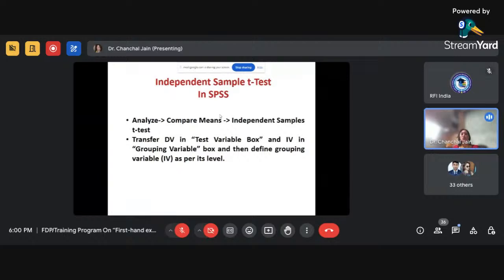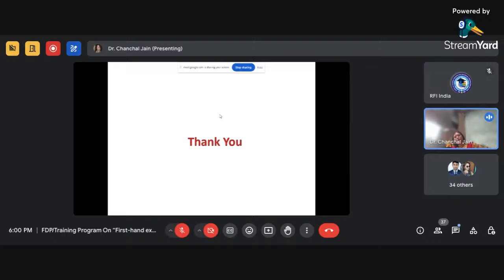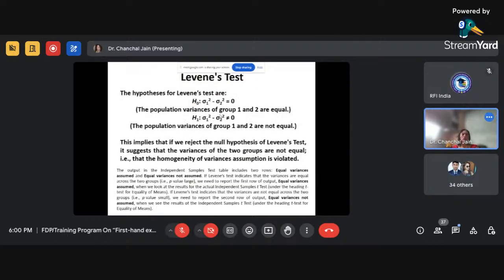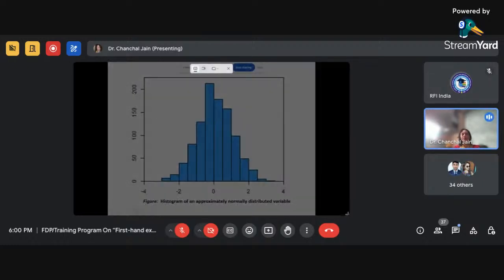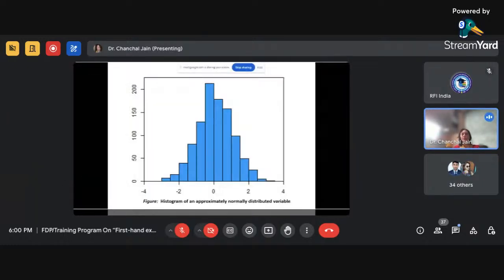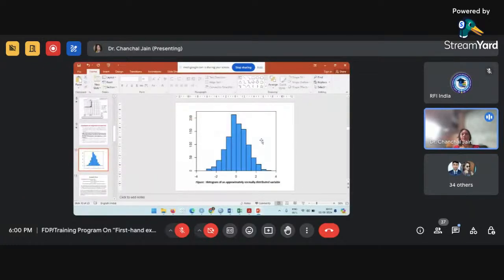Further, how to perform the independent samples t-test in SPSS. So this is the process. We are all set now to go to SPSS and perform the independent samples t-test. May I proceed now?